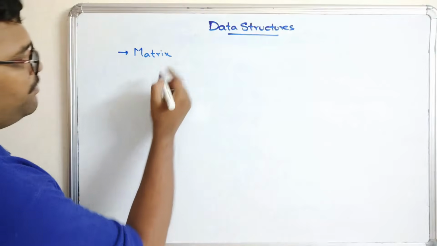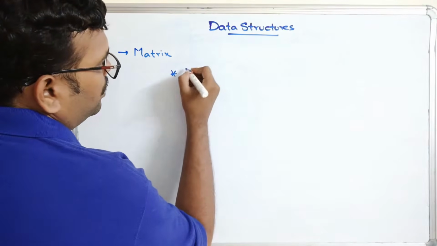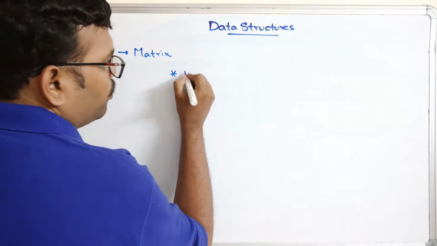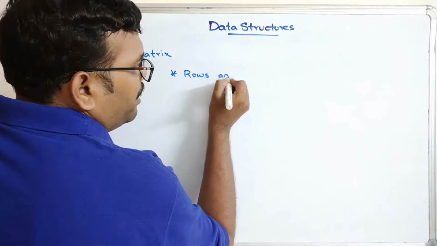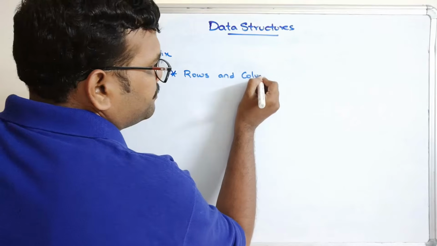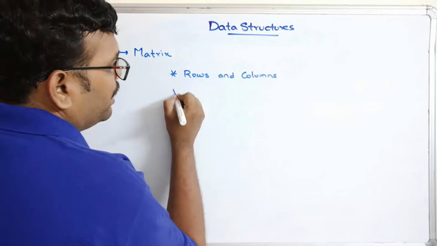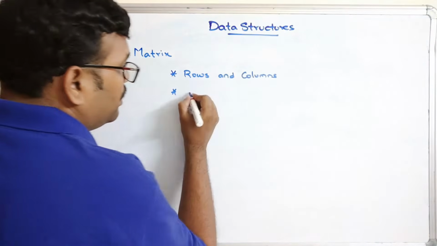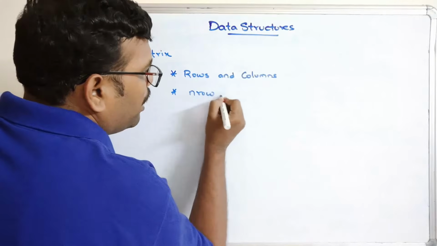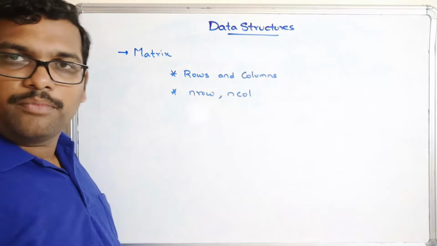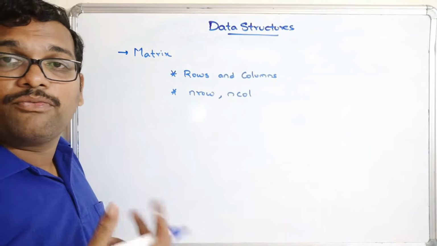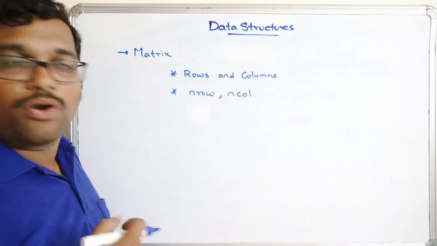So here also the same thing. The data will be represented in rows and columns, right? So here we need to give n row and n column. N row means number of rows, n column means number of columns.